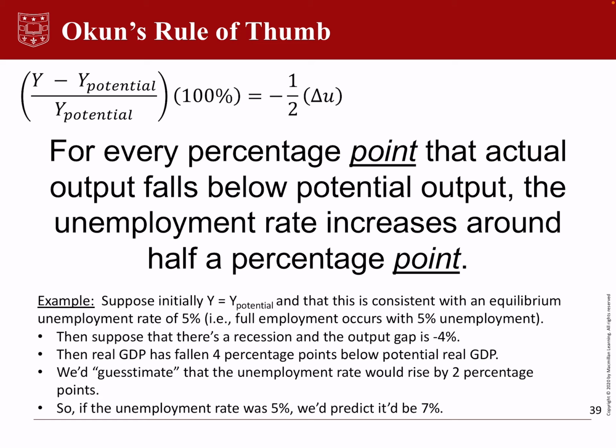So what that means is that real GDP, Y, falls below potential gross domestic product by 4%. So this is 4 percentage points decline below potential real GDP. If we wanted to guess what the implications of that would be for unemployment, then we would guess that the unemployment rate would rise by 2 percentage points. So if initially we had an unemployment rate of 5%, then we'd predict that it would be 7%.